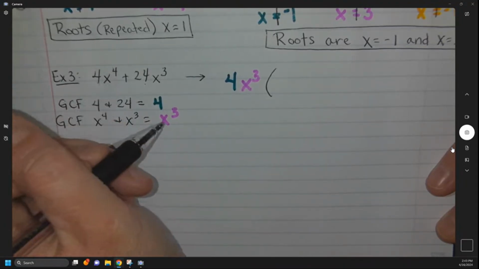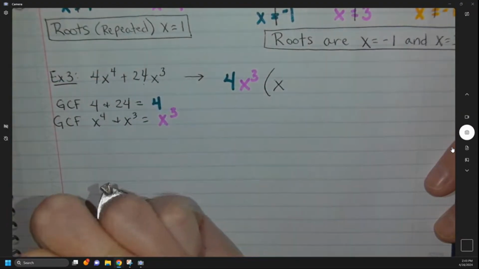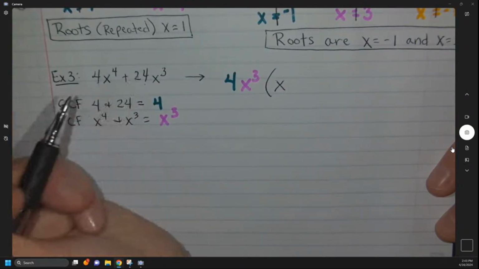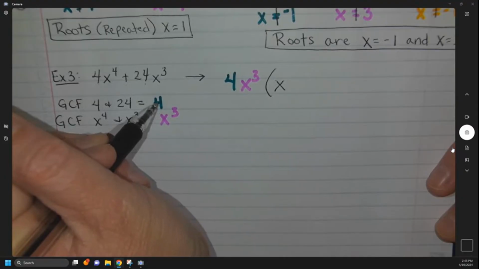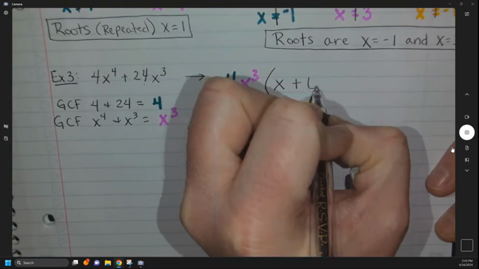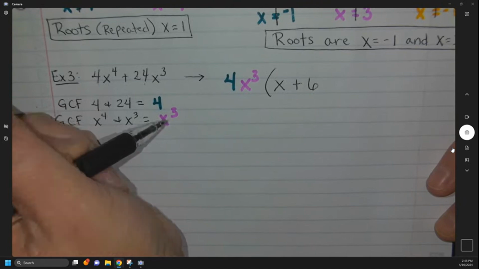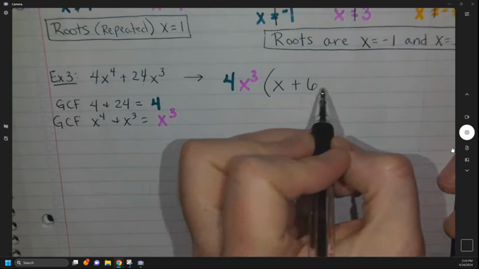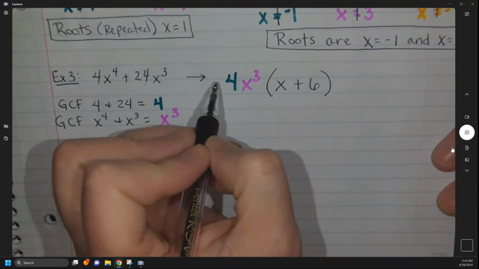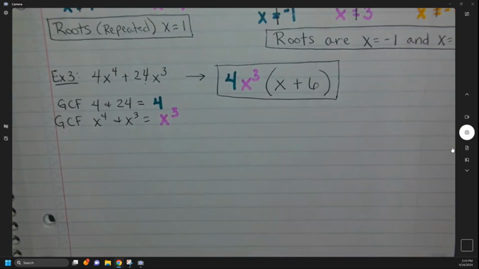X to the 4th divided by x to the 3rd is just x. Then I move on to 24. 24 divided by 4 is 6, and it was positive, so positive 6. X to the 3rd divided by x to the 3rd is 1. Well, 6 times 1 is just 6. So our factored form for this is 4x to the 3rd times the quantity of x plus 6.